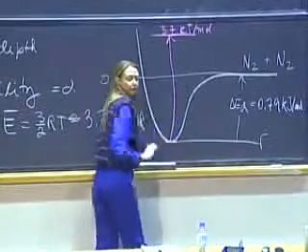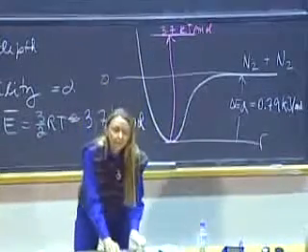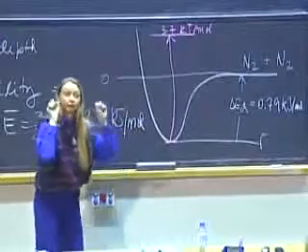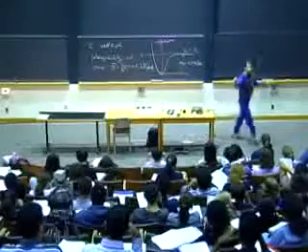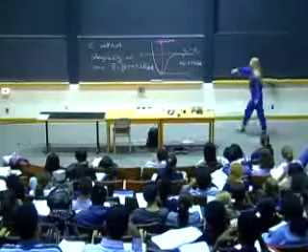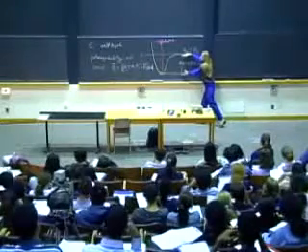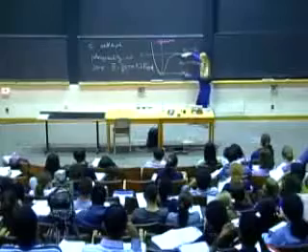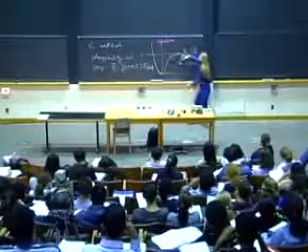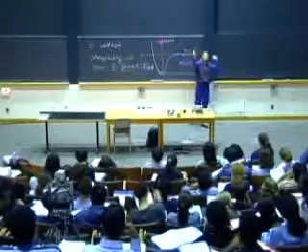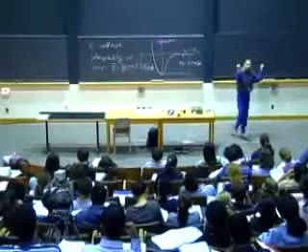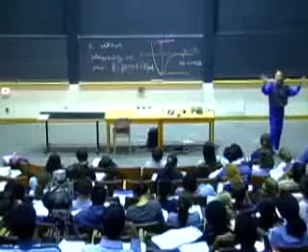So at 300 degrees Kelvin, the bottom line is that those two nitrogen molecules have enough kinetic energy to totally ignore this interaction energy, right? They're way up here. If they have 3.7 kilojoules per mole of energy, they're not going to stick together.